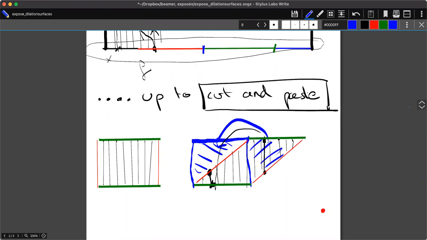If you glue these two polygons with the colors that appear in this picture, you will recover the same geometric object in the end. This suggests that you should not consider all the polygons, but the polygons up to this cut and paste operation. If you don't understand all of it, that's not a problem, because I will not discuss that part so much. I will try to illustrate it as much as I can.